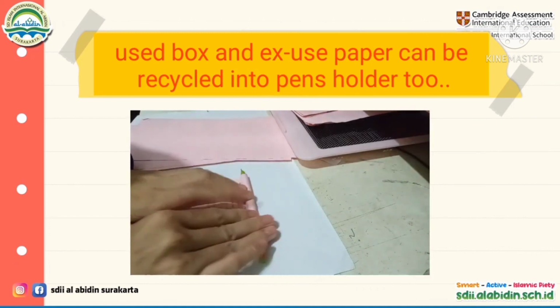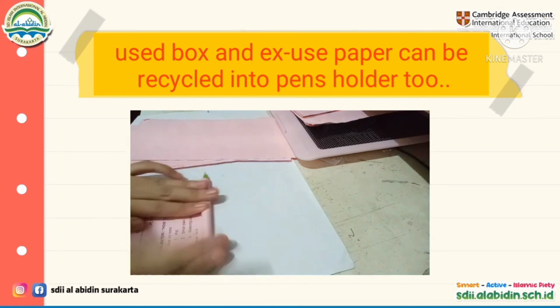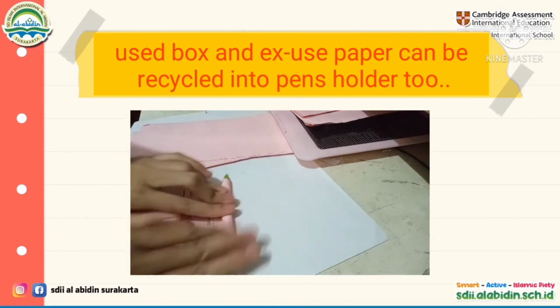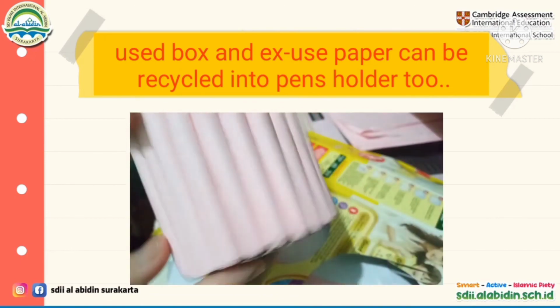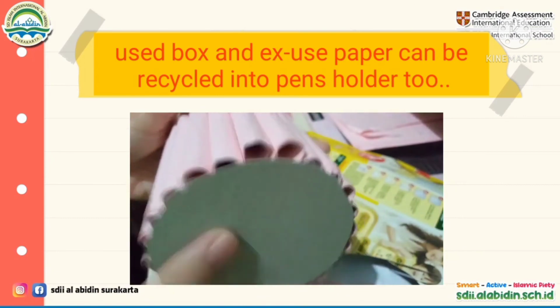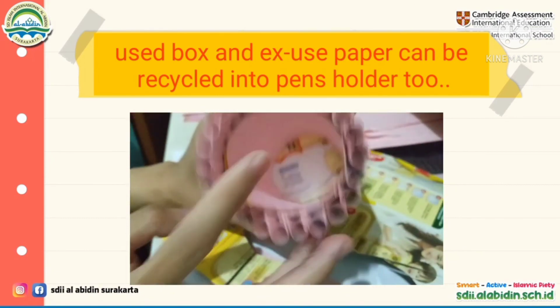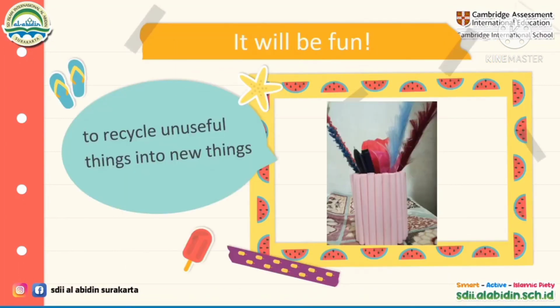Look in here. Used bulk and used paper can be recycled into a pens holder too. So if your pencil is too small, you can use used paper. You roll the paper, and then you can use it as the pens holder.